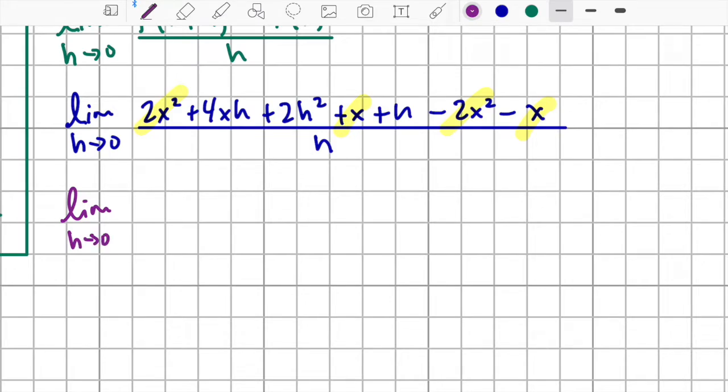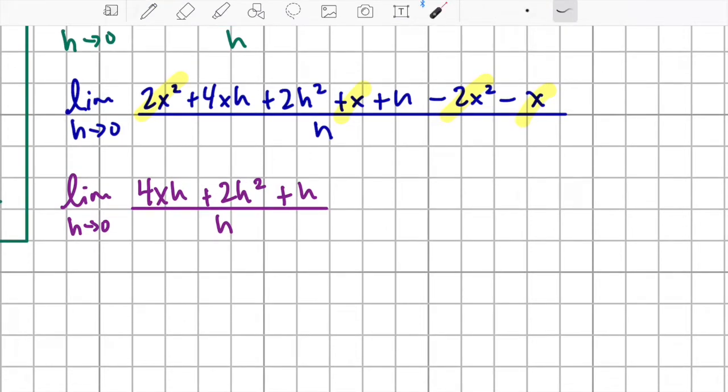Limit as h approaches 0. We're left with 4xh plus 2h squared plus h, all of that over h. If we try plugging it in, notice that it's h approaching 0, so wherever you see an h, that's supposed to have a 0.